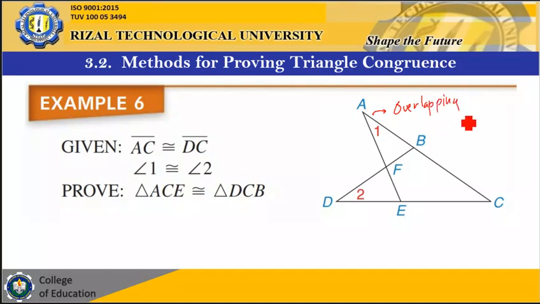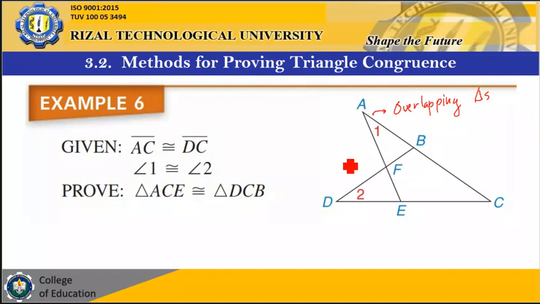So when dealing with overlapping triangles, you need to be very critical when it comes to the parts. Okay, you have to take note of the parts, so we have to establish first which part corresponds to the other part of the triangle.